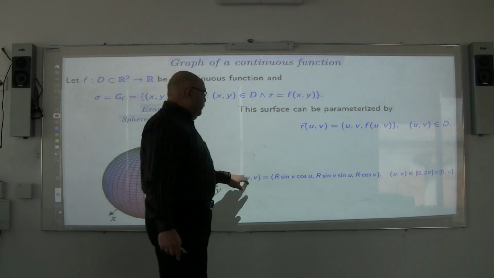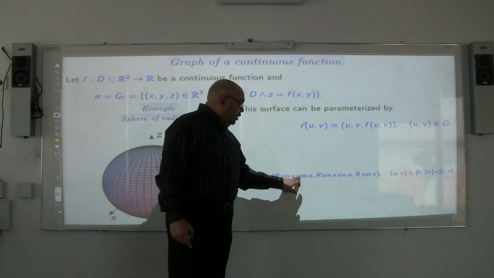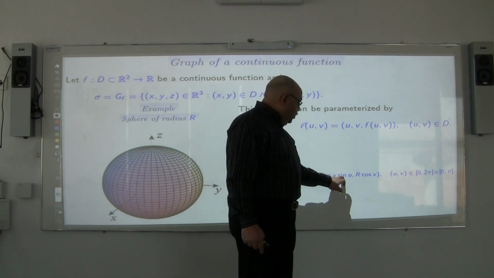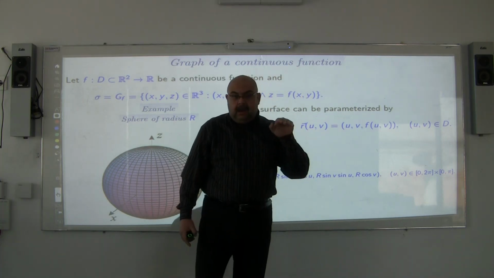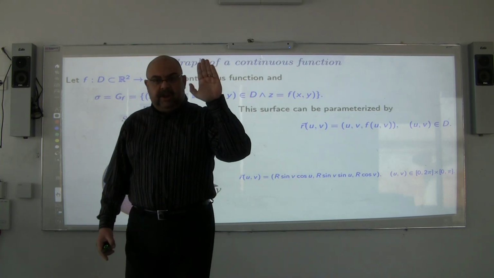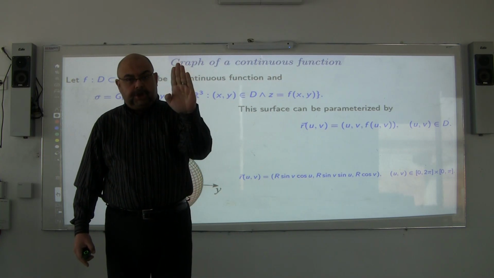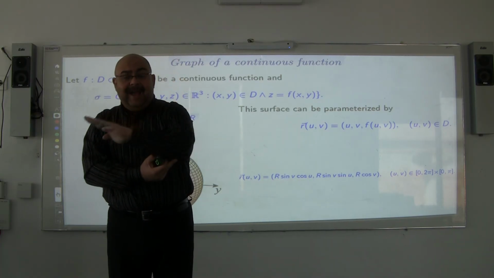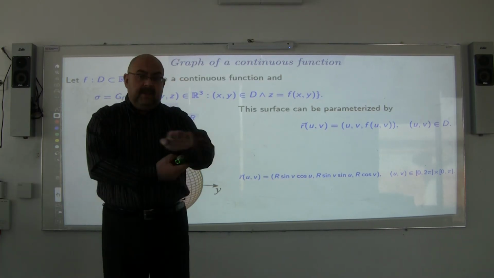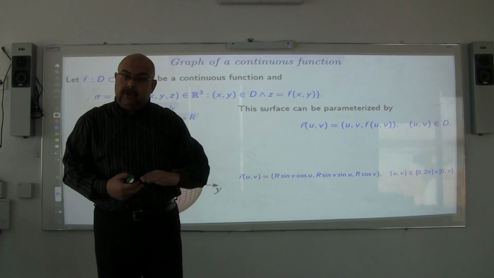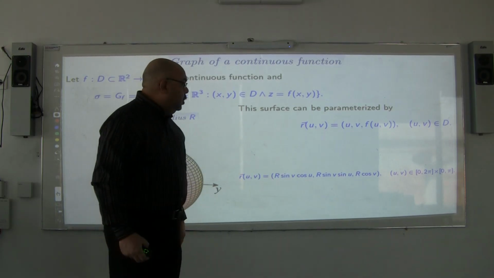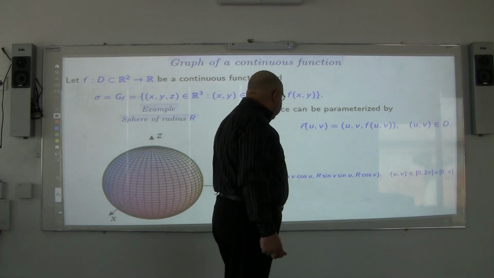So r of u and v is going to be R sine v cosine u, R sine v sine u, and R cosine v, where v is the angle between the positive z direction and your half line, and u is the other angle, which moves you through the plane from 0 up to 2 pi. All of this is written for you here.